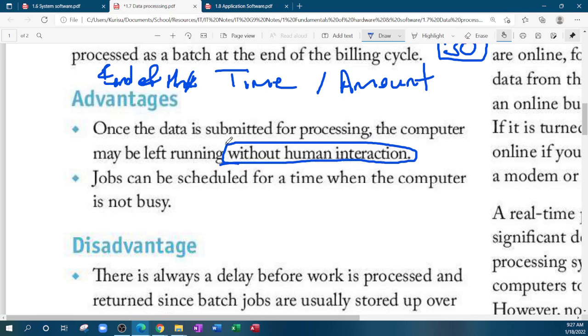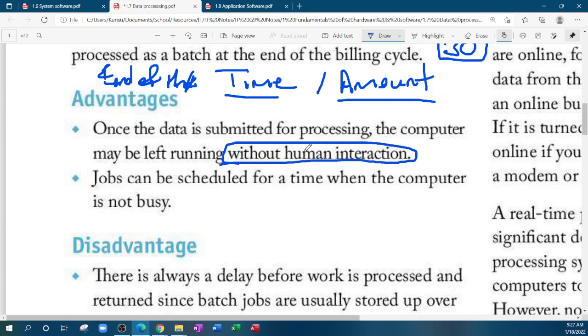So that means the computer has to wait to accept all of this input. It has to be waiting all the time. All the time throughout the month, from the 1st to the 29th, it's going to be waiting, taking in all of this information. And you're going to tell the computer that when this specific time or this specific amount is reached, process the data.